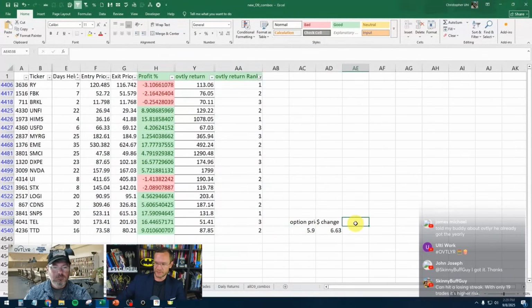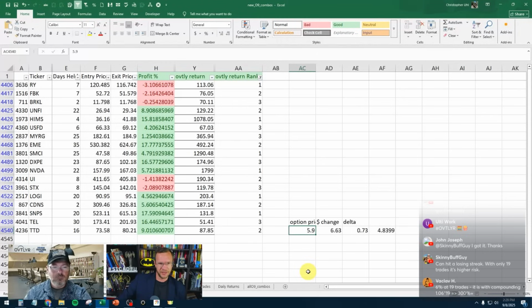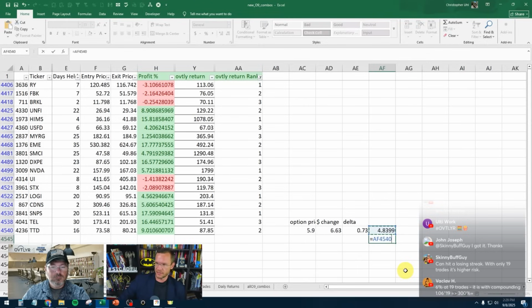So with the delta, we get roughly this times this. Honestly, I would bet it's more, but let's just say we go with that. If we purchase the option for $5.90 and our option gained in value by $4.83, that means our option gained 82%.